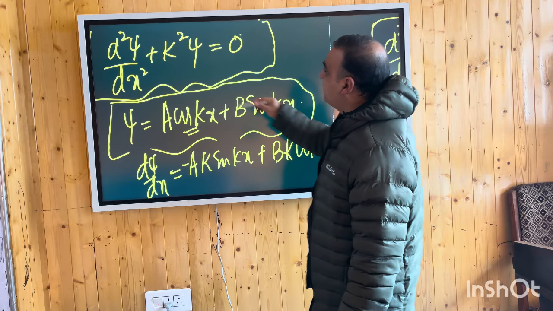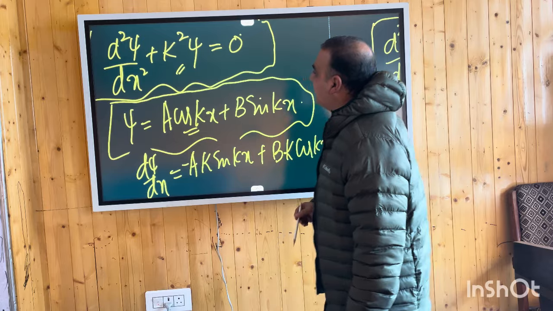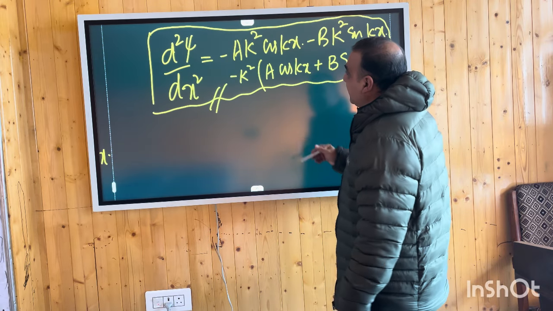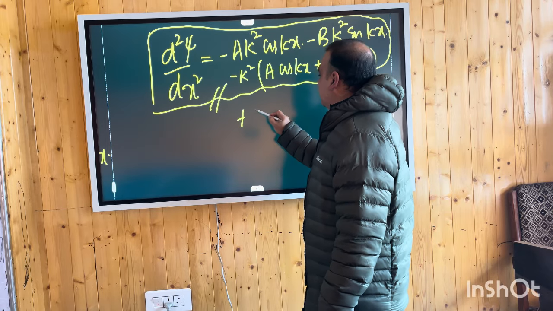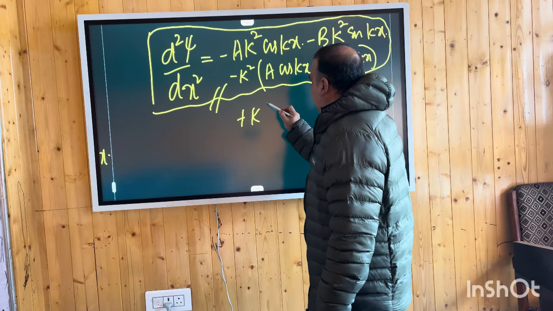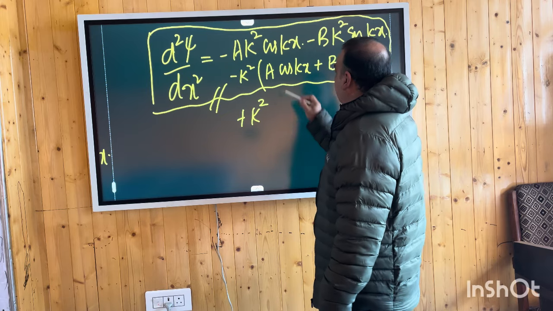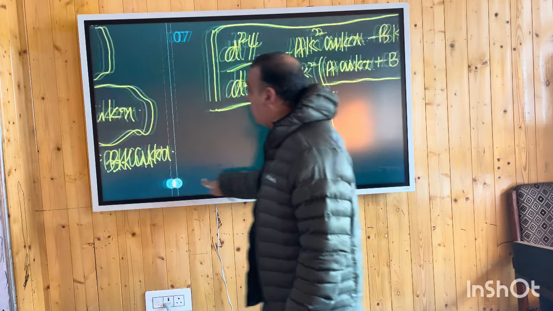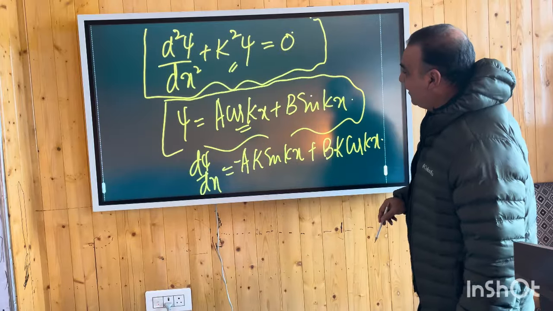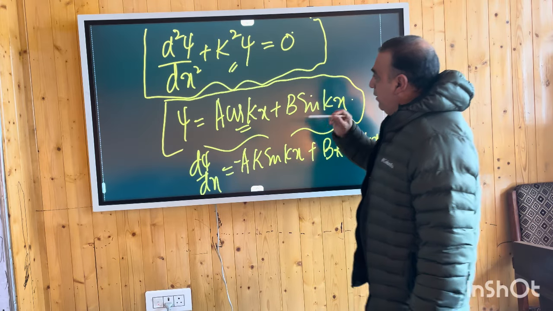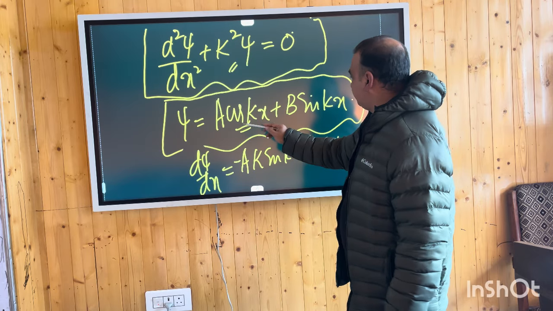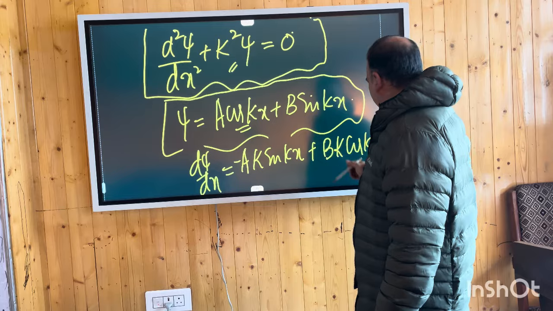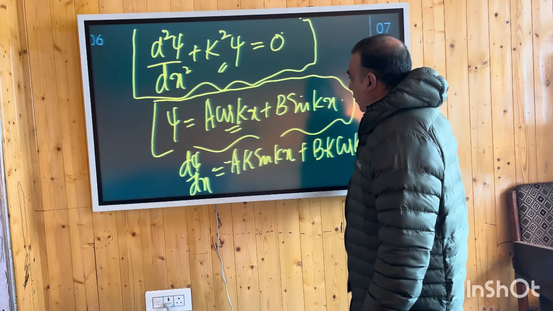The second term will be plus k square psi. Have I done it right or wrong? I have taken this a cos kx, b sine kx, so I have got the same thing.